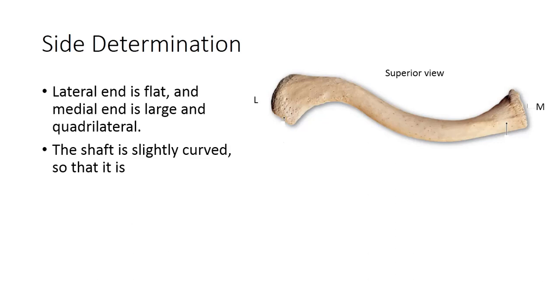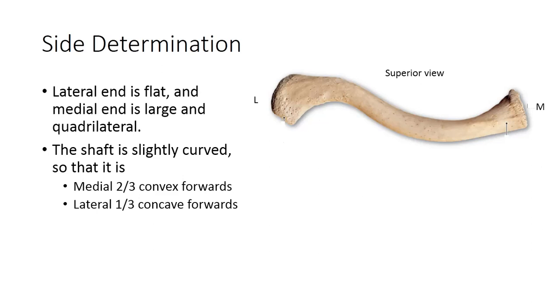The shaft is slightly curved, so the medial 2/3 part shows convexity forward, and the lateral 1/3 part shows concavity forward. So the medial 2/3 part has a larger curve, and the lateral 1/3 part shows the concavity.